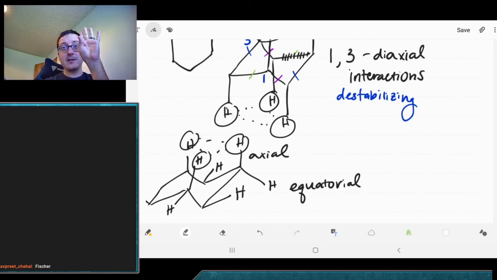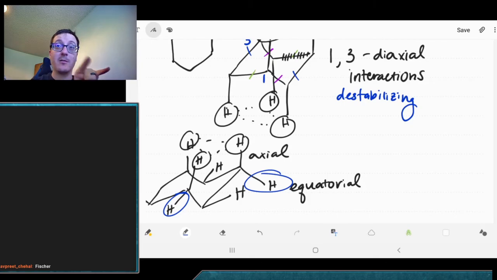So as a result, if we see here, these two are pointing down. By them pointing down, if we compare them to their counterparts that are pointing up, look at how far away they are. So if we're looking at this carbon and that carbon, the axial hydrogens are bonking each other.